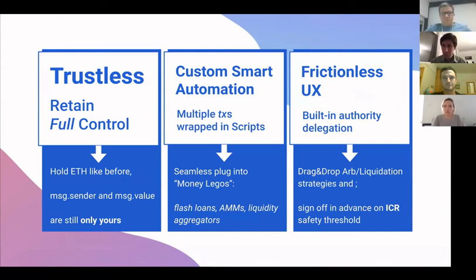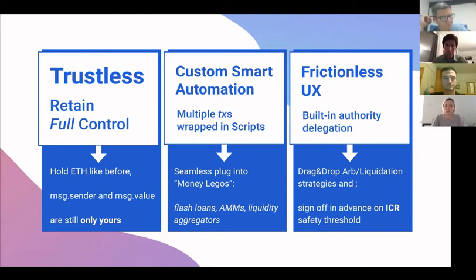To better incentivize the ecosystem to adopt our mechanism and our kickback mechanism to the community is with this core infrastructure that has to achieve three things. So first of all, it has to keep all the control nested in the user's hands. Just like you held ETH before in your ETH address, you can still hold it in your ETH address, but you can also do extra things with your ETH address.